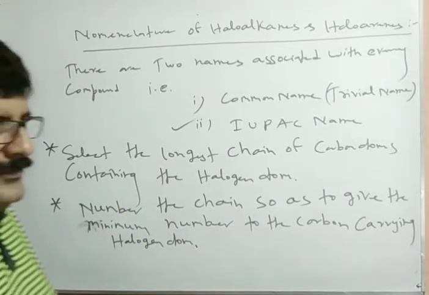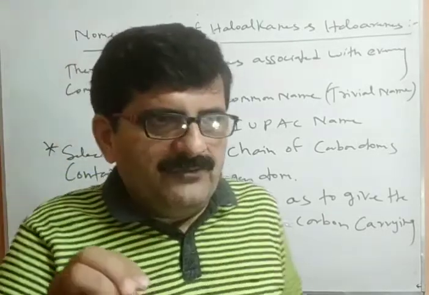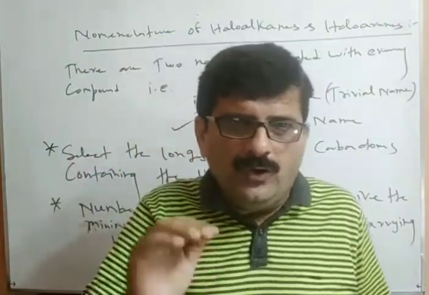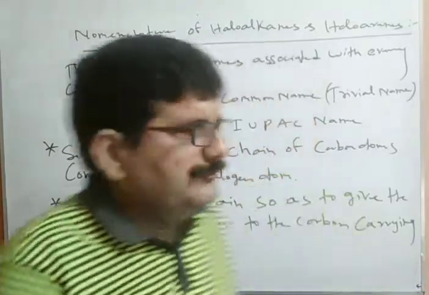Means what? Select the longest continuous carbon chain including the halogen group. The halogen group always goes to the minimum position.